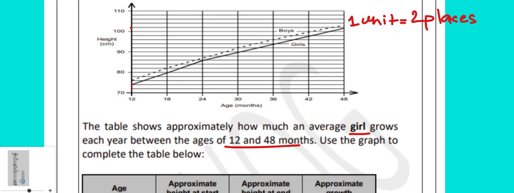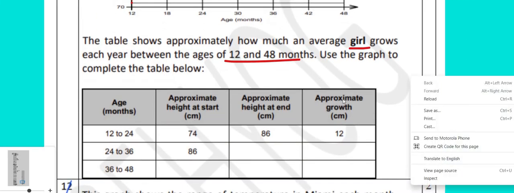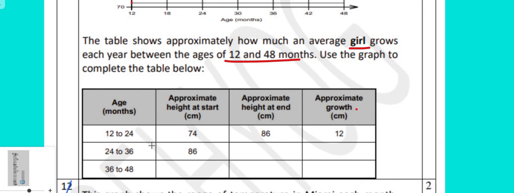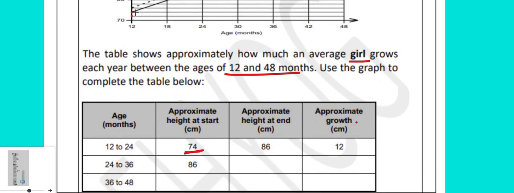As given in the chart, we can see that the approximate height at start is 74, and in the graph we see that this is the starting point.